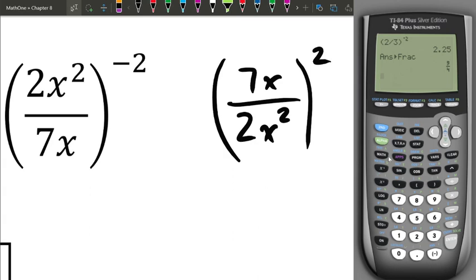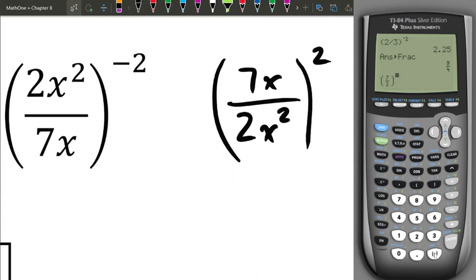And in fact, I could even do better than that. I hit alpha and grab a fraction template. So let's just say that I've got any fraction. Let me open parentheses. I'll have any fraction like 7 halves, and I'm going to raise that to the negative second power.